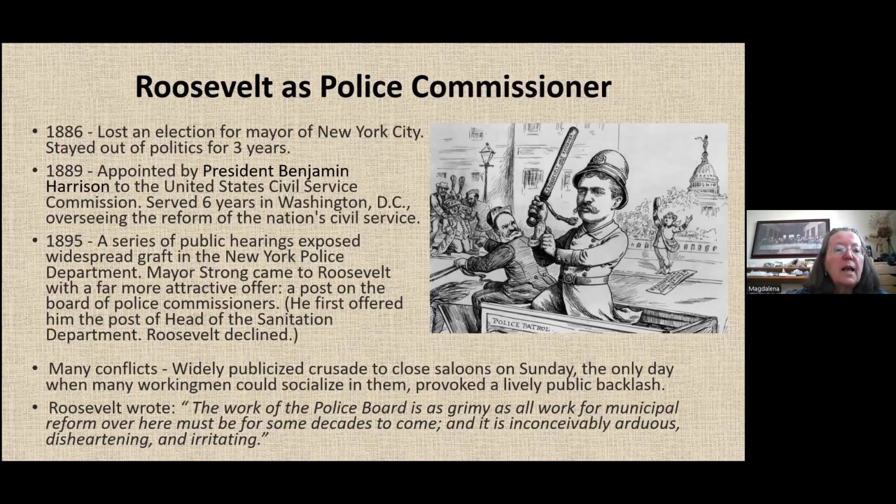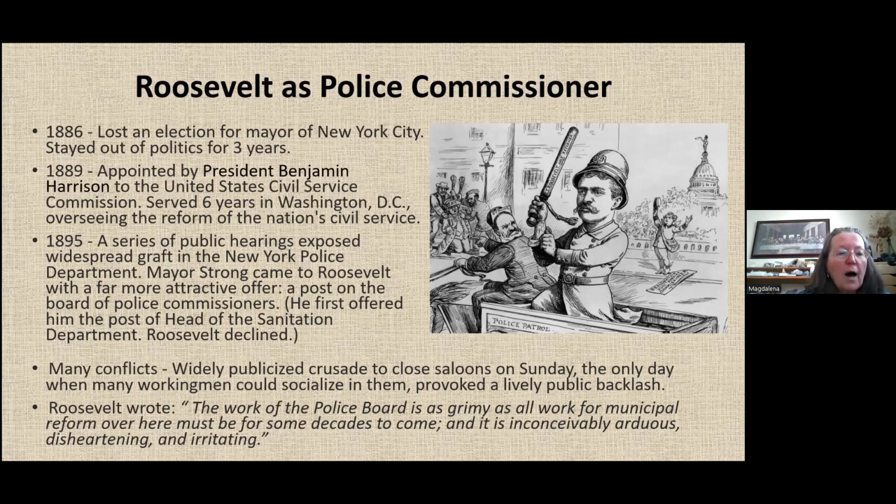Then in '89, he was appointed by President Benjamin Harrison to the United States Civil Service Commission, served for 6 years there, overseeing the reform of the nation's civil service. There was a lot of corruption in the civil service, and a lot of nepotism, you can call it now, in the government in Washington, D.C.